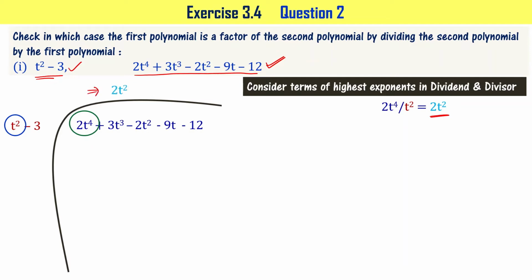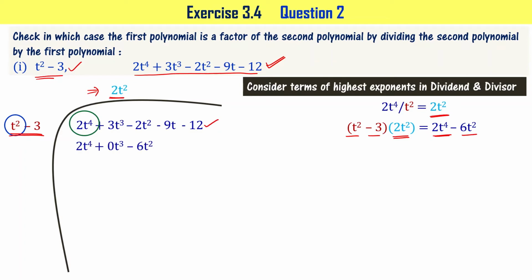Now let me multiply the divisor t square minus 3 with this 2t square. When you do that, t square times 2t square is 2t power 4, minus 3 times 2t square is minus 6t square, right? Let's subtract this from the dividend given.